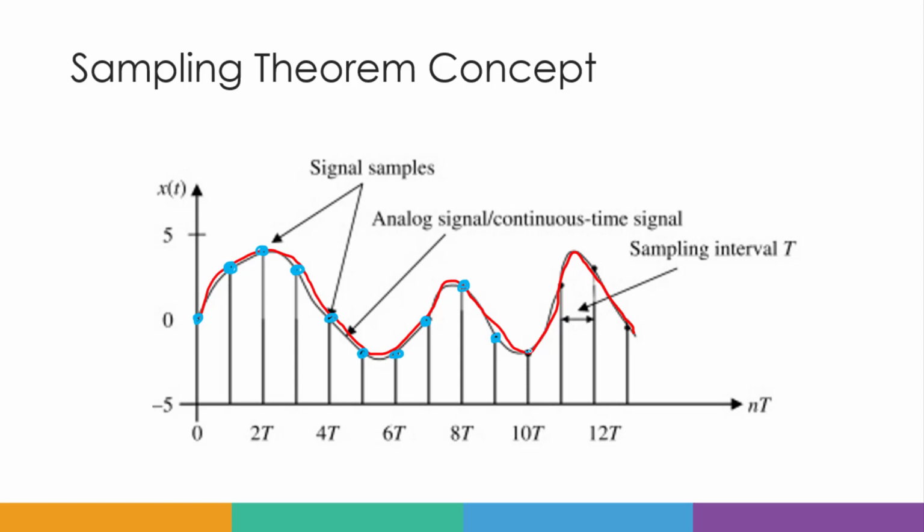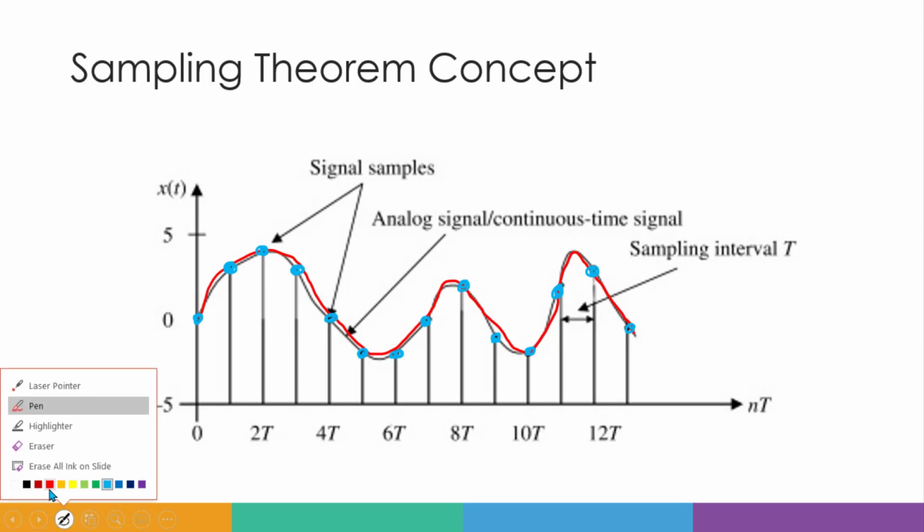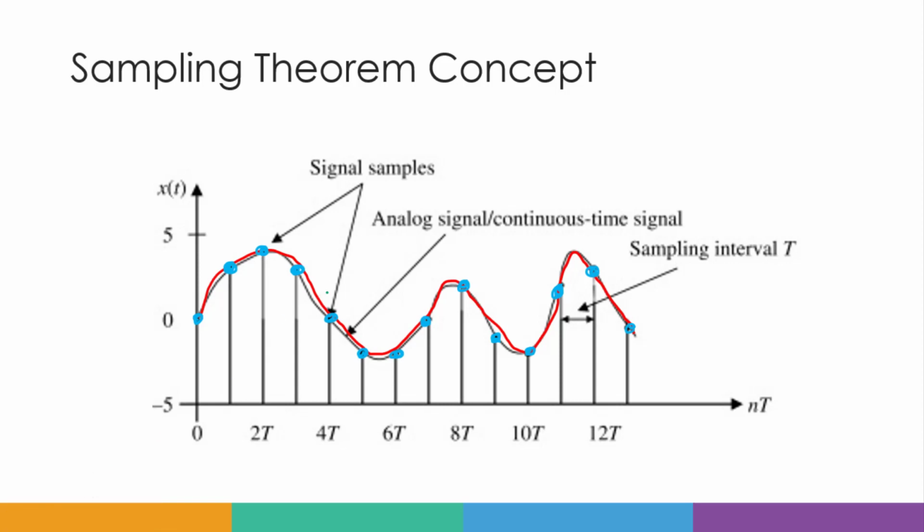If I am not taking enough samples, then I will not be able to reconstruct the signal. For example, if I have taken these many samples, then I will be able to reconstruct. But what if I am taking only 3-4 samples? For example, one sample from here, another sample from here, only 2 samples. Will I be able to represent the actual signal using these 2 samples alone?